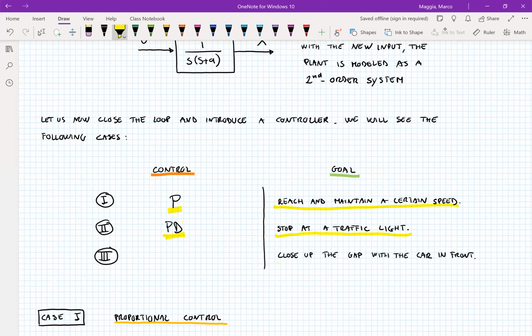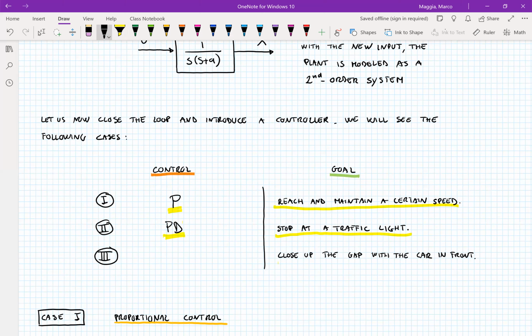So these concepts of proportional derivative, or PID controllers, when you drive a car, you are the controller, so you are actually implementing these things without thinking about them. You are doing that, but here is the mathematical explanation of what you're doing, almost automatically without thinking.